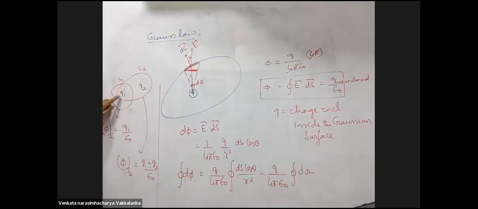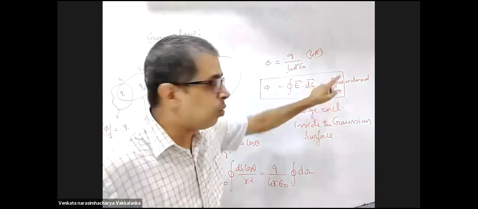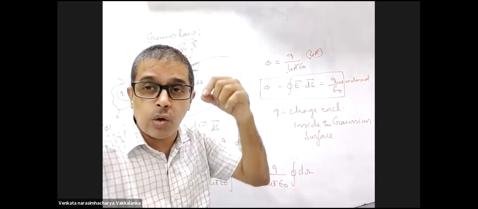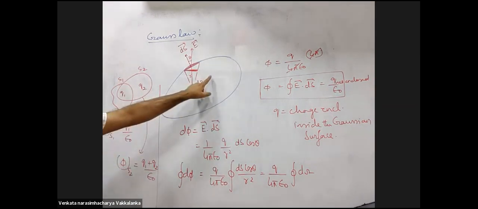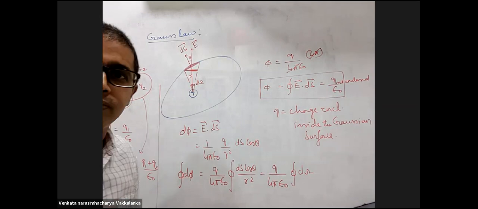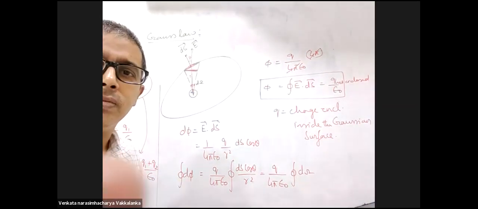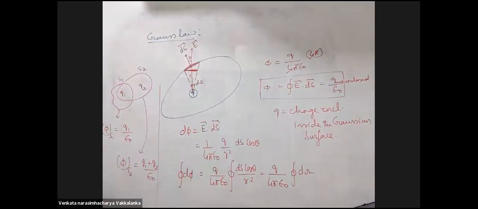S1 is a surface which is enclosing Q1. Right? So flux through S1 will be Q1 by epsilon naught. Flux through S2 will be Q1 plus Q2 by epsilon naught. Q is the net charge enclosed inside the surface. I'll take one more example if you can give me this part of the board. Okay, sir, I understood the part. Thank you.